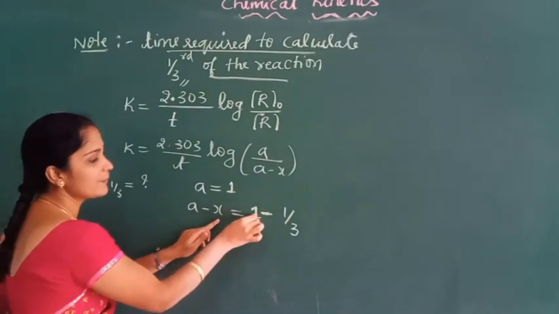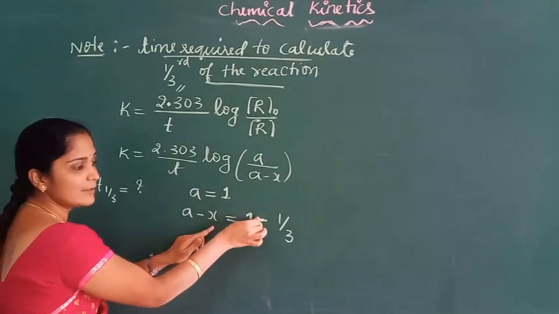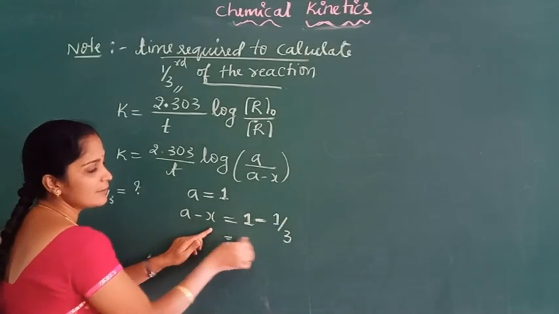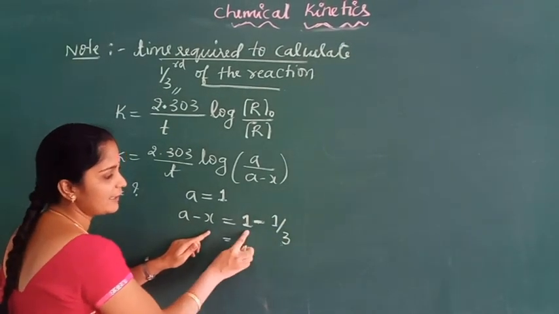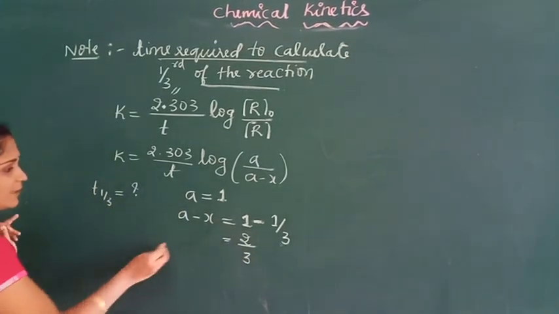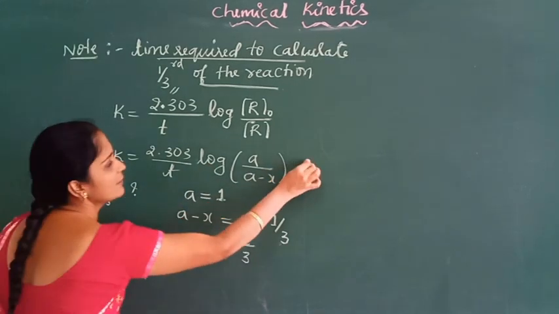So initially it is 1, and on simplification a minus x we get 2/3.